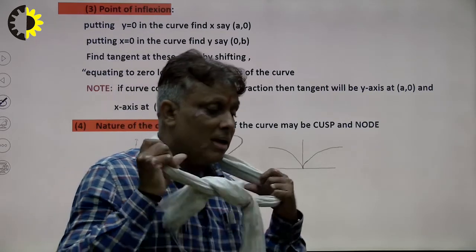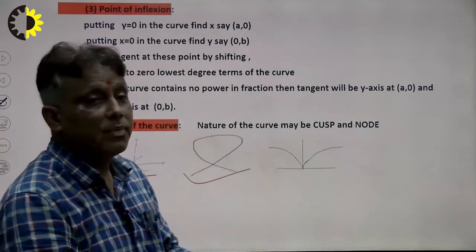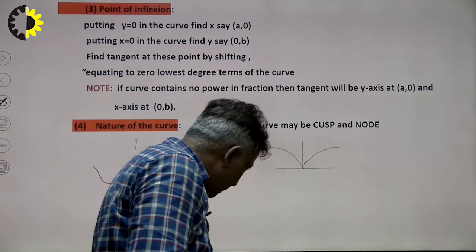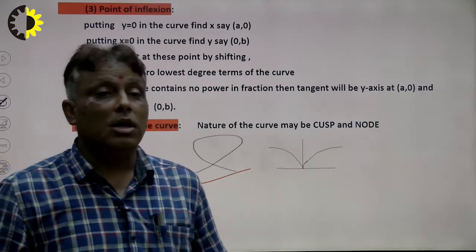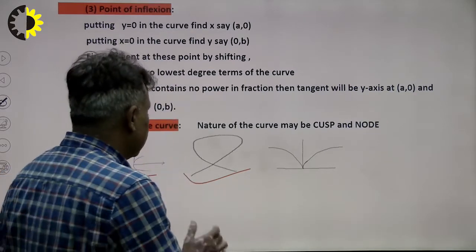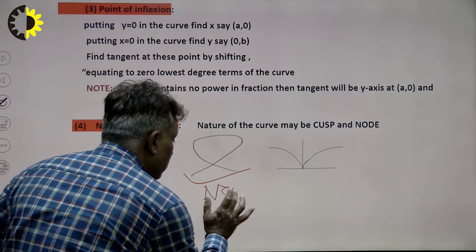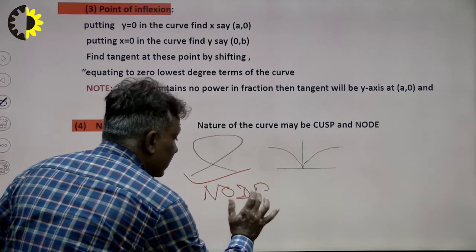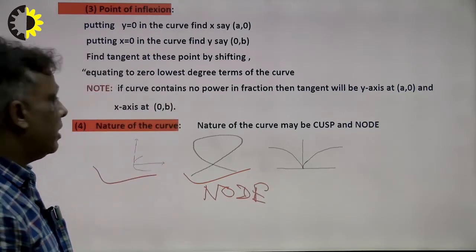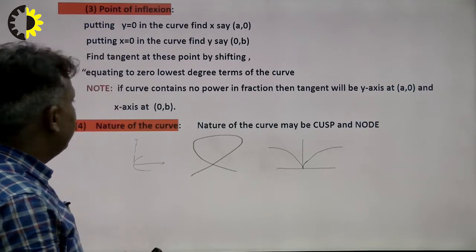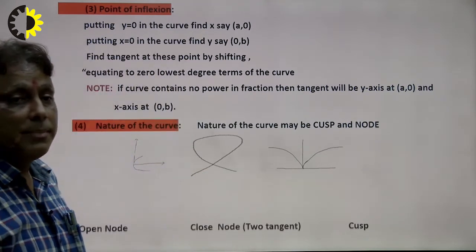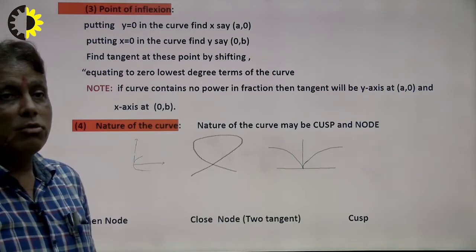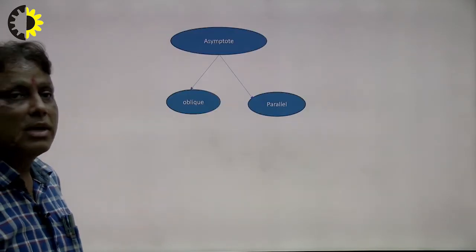So in this way we find out the nature of the curve with the help of the given curve. It will be a node, open node or closed node, and this is the cusp. This is a node, this is a closed node and this is an open node. Finding the nature of the curve is most important when we solve the problem.